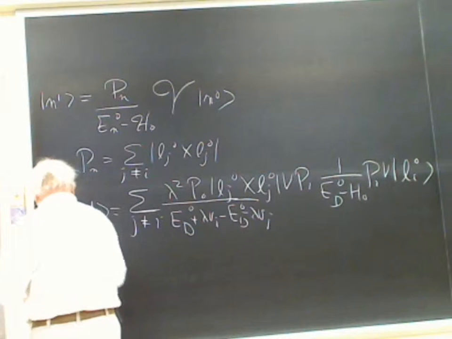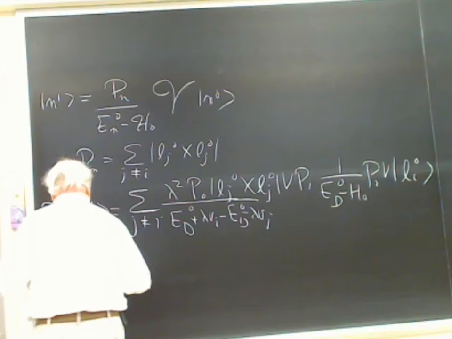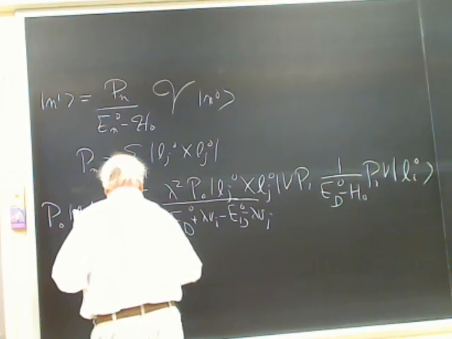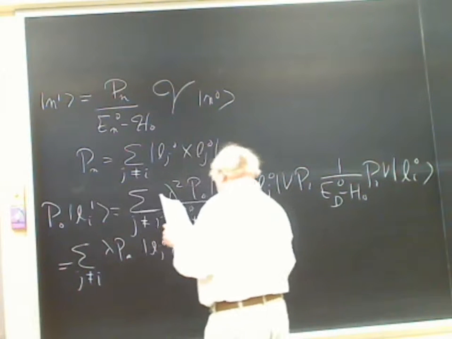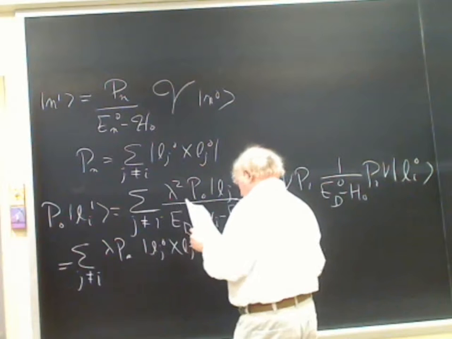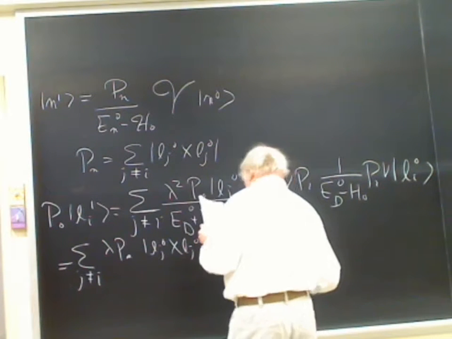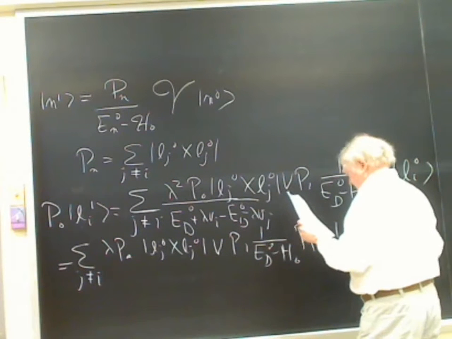All right, so this is the sum J not equal to I, lambda P0 LJ0 LJ0 V P1 1 over ED0 minus H0 P1 V Li0.